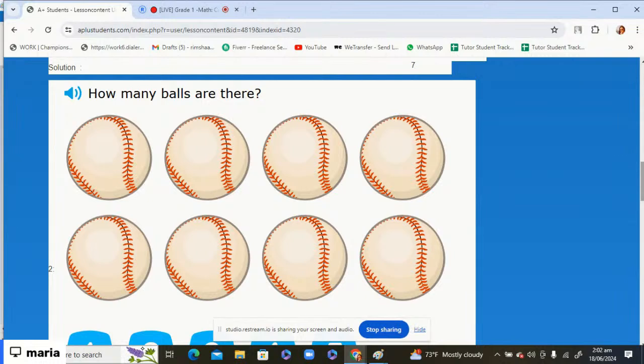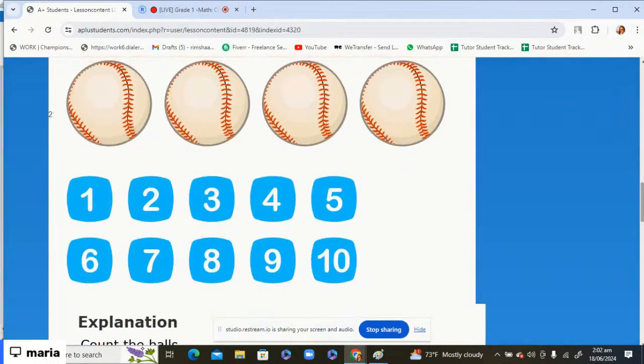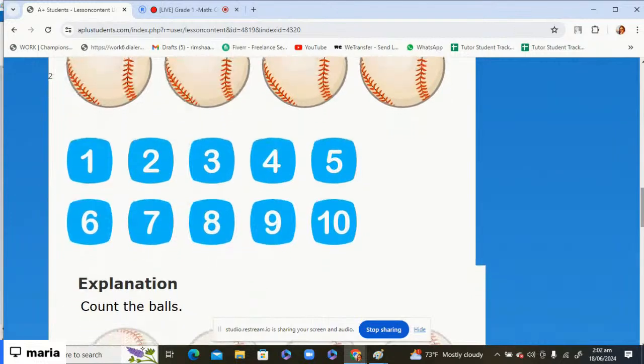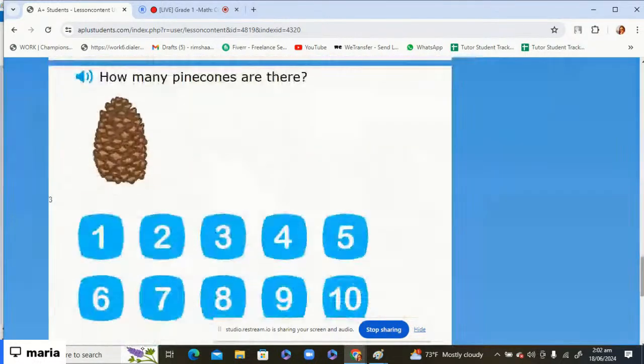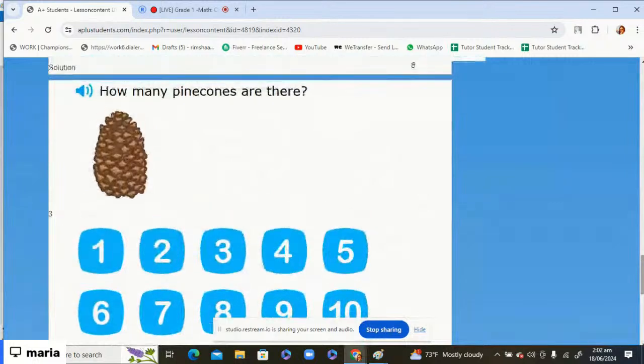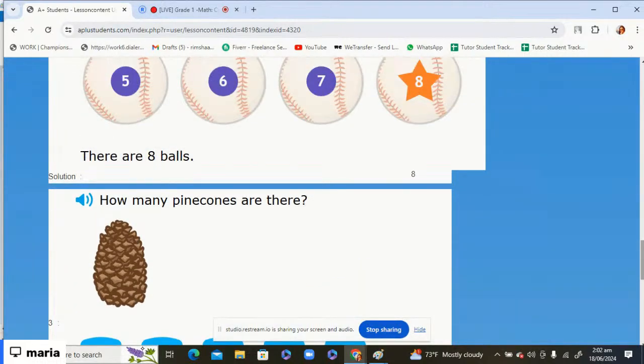There are a total of 8 balls. So we click the 8. Okay, so how many pine cones are there? Yeah, good, it's 8. Now you count this one. How many pine cones are there? This is only one. This is simple. Let's do the next.